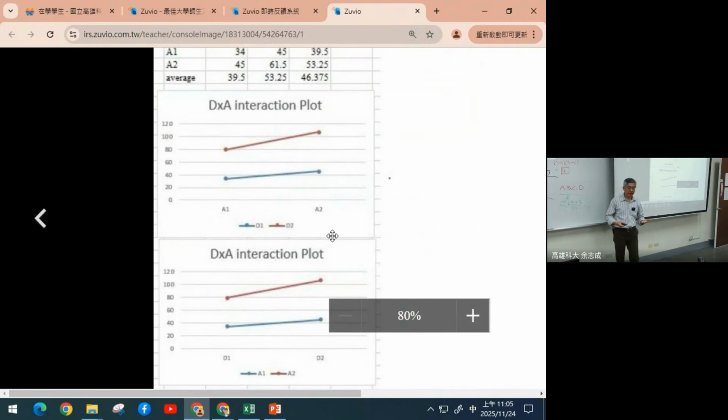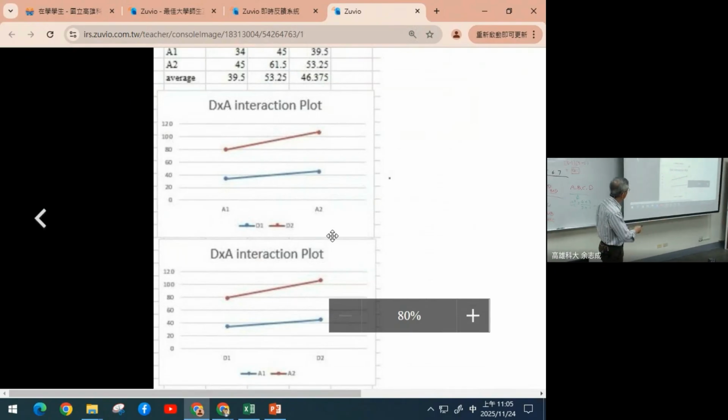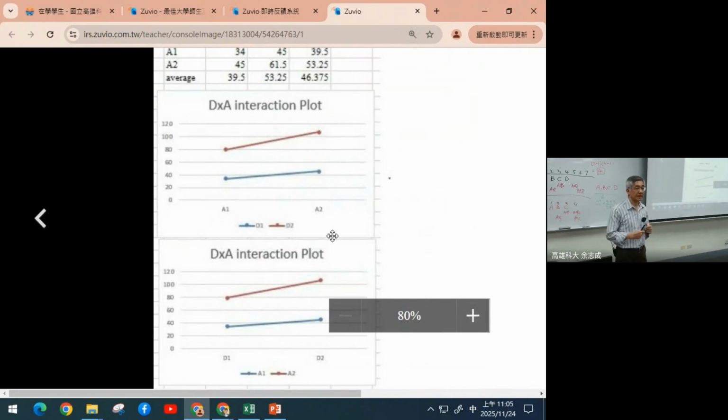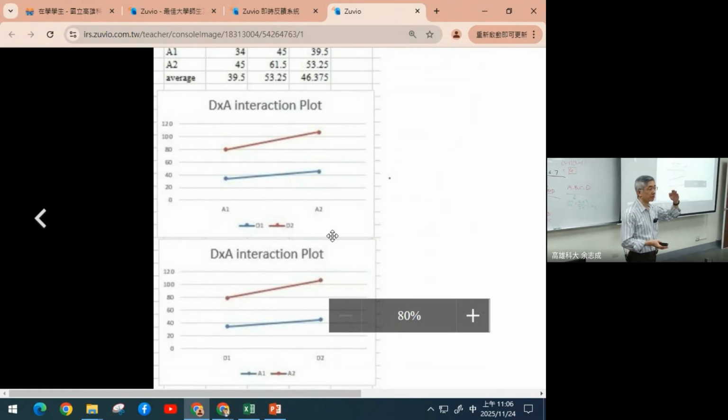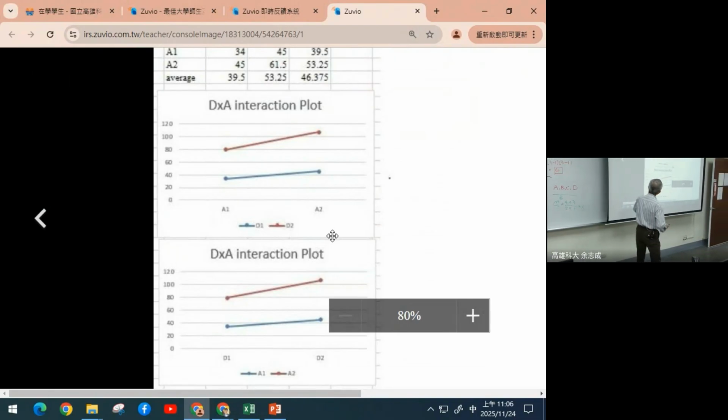So is this synergistic interaction, right? Synergistic because these two lines are not parallel, but the sign of the slope is the same. This is a positive slope, they are the same.